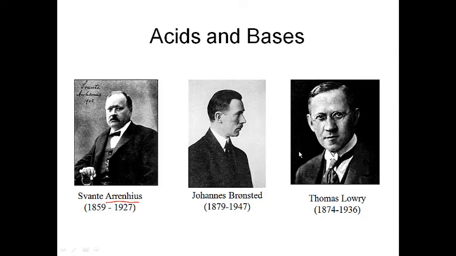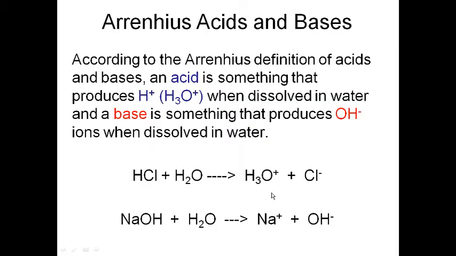Now, Bronsted and Lowry used a stronger, more precise definition of acids and bases. In the Arrhenius definition, he simply proposed that an acid produced H+, which we now know combines with H2O to form H3O+, when dissolved in water, and a base produced OH-.